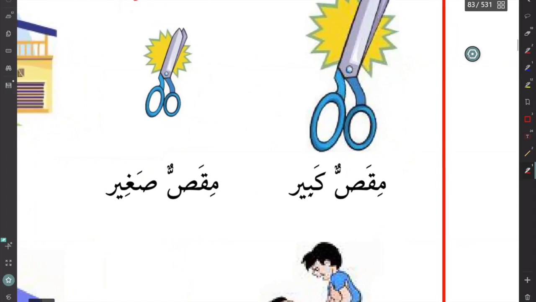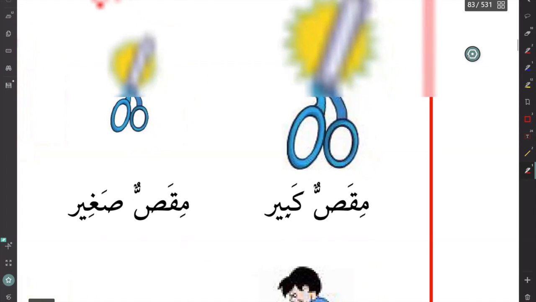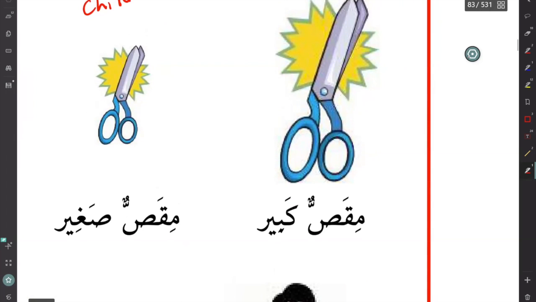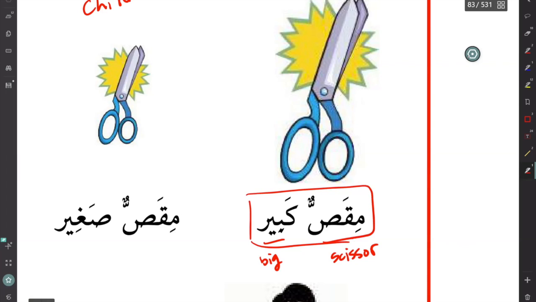Here we have miqasun kabir. Okay. So miqas we already learned, which is a scissor. Kabir is big. So what does it mean? Scissor, big. Well, this is your adjective phrase. In English, when we say adjective, we say the adjective first. Big scissor, right? In Arabic, we use the noun first, then we describe it. So we say miqasun kabir. You can say miqasun kabirun, but miqasun kabir, okay?